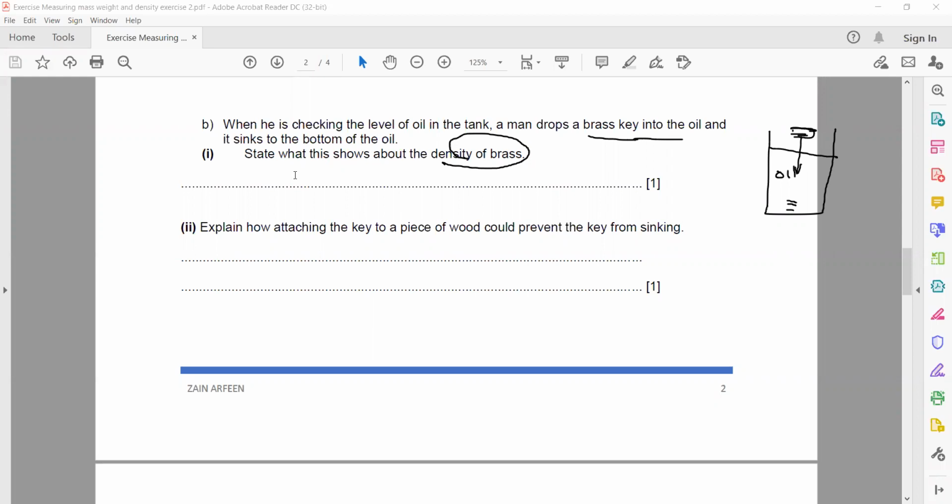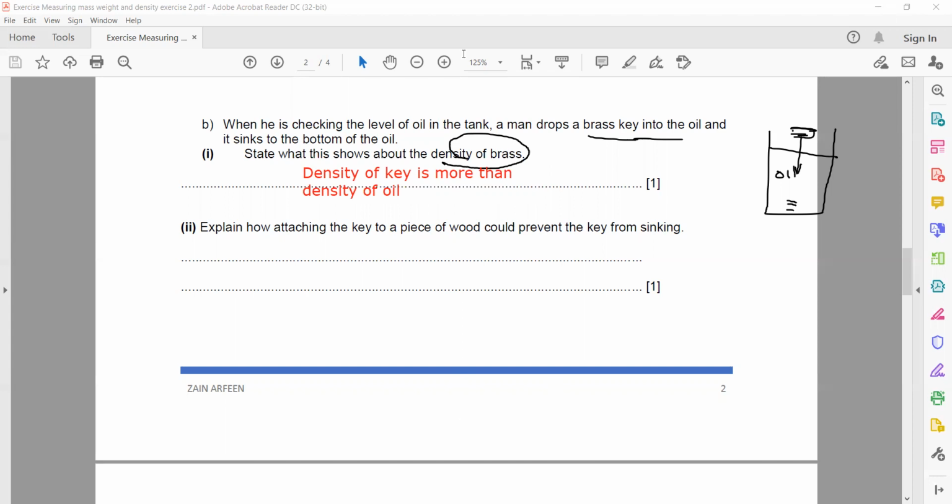If it sinks, it means the density of the brass key is more than the density of oil. That's the right answer, that it is more.